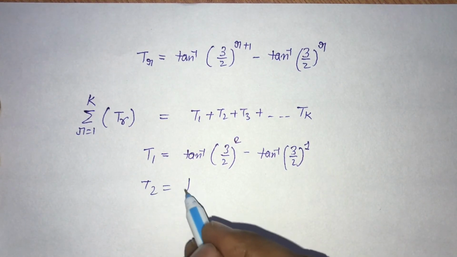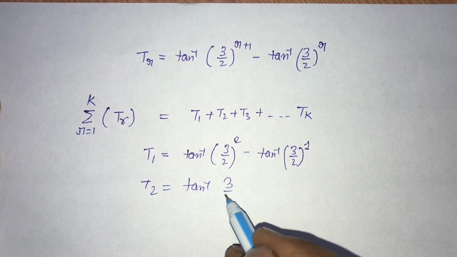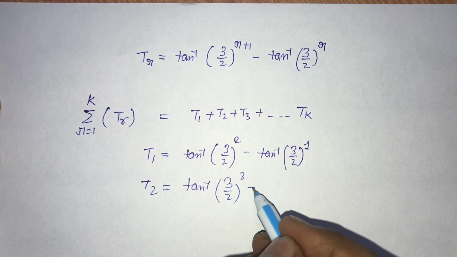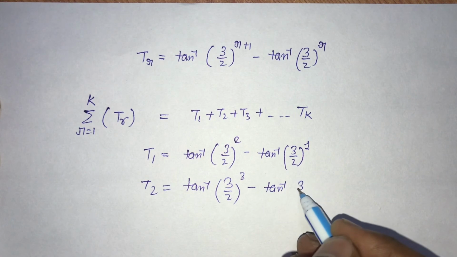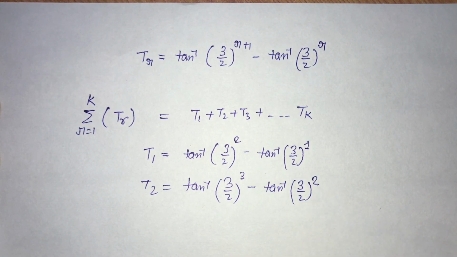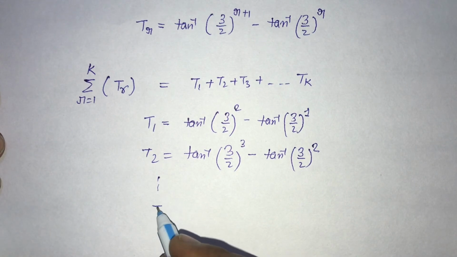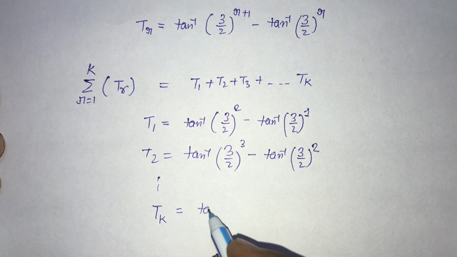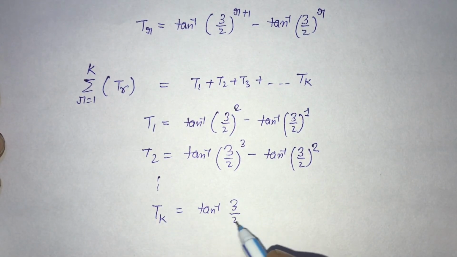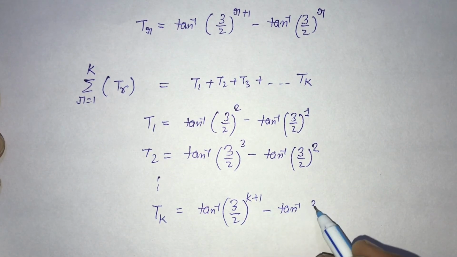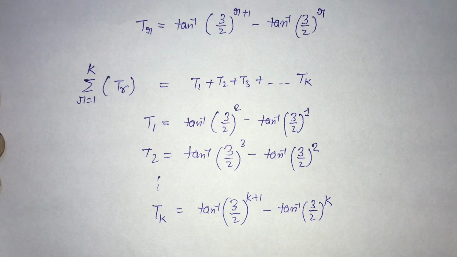T2 will be tan inverse 3 by 2 raised power 2 plus 1, 3 minus tan inverse 3 by 2 raised power 2. So it will go on consistently like this. So Tk will be what? Tan inverse 3 by 2 raised power k plus 1 minus tan inverse 3 by 2 raised power k.